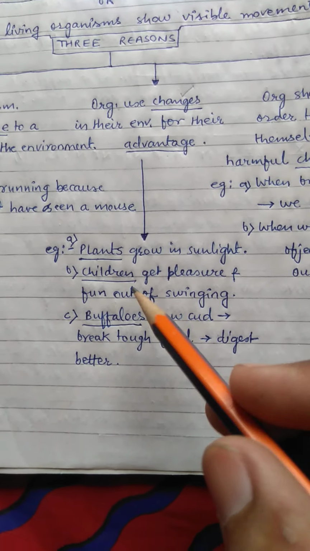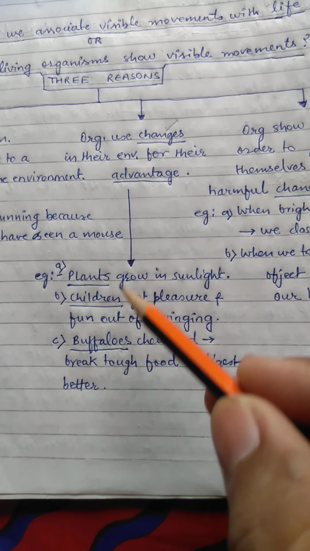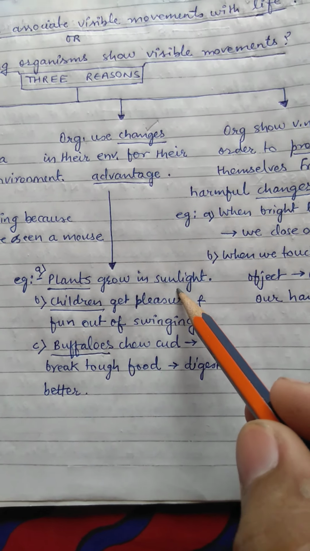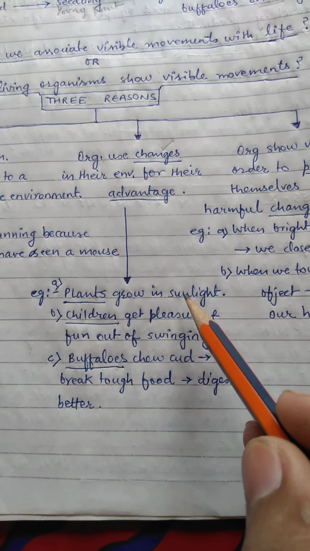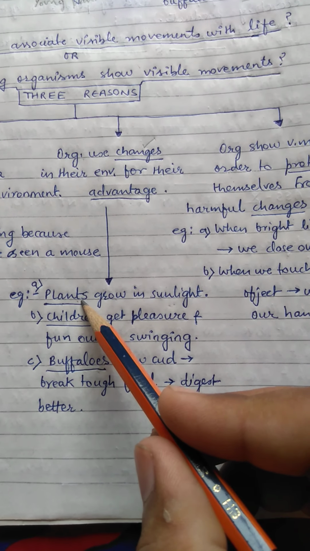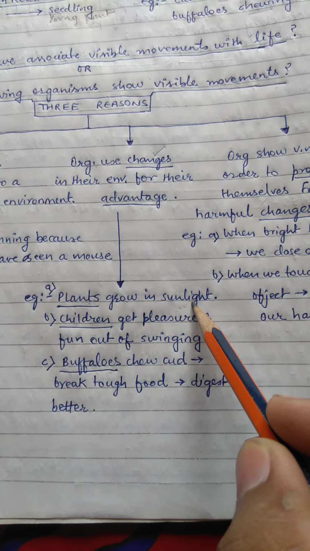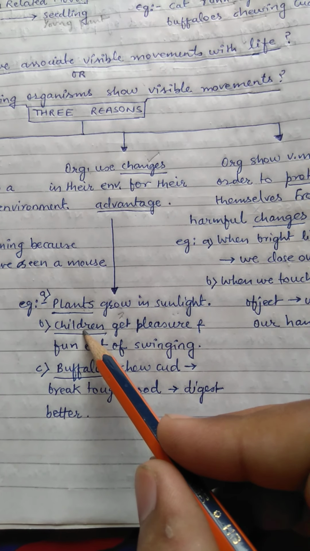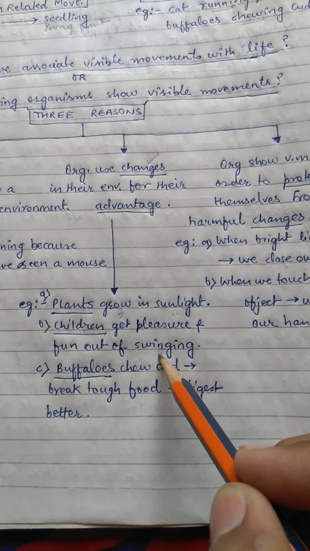For example, in our textbook, there are 3 examples to prove this point. For example, plants grow only in the presence of sunlight. So the presence of sunlight is the change. And what advantage do plants draw out of this sunlight? They use it to grow.